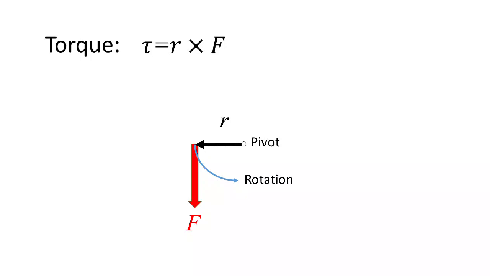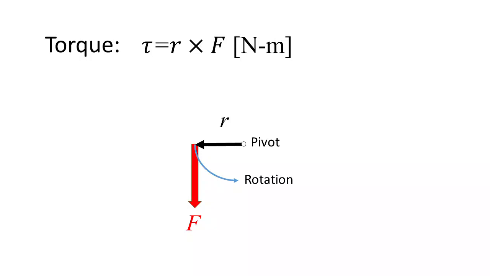It's given by the Greek letter tau and is defined as the lever distance multiplied by the force. Because torque is a product of force and distance, it has a unit of Newton meters. And the rotation occurs in the direction of the force relative to the pivot point. In this case, the force points down on the left of the pivot, so the initial rotation is anti-clockwise.